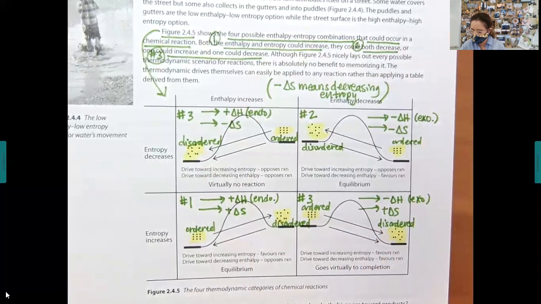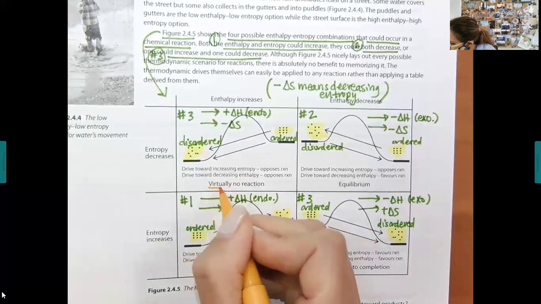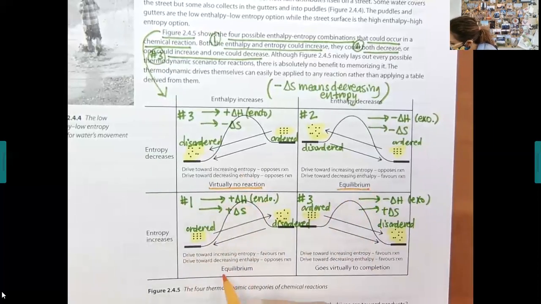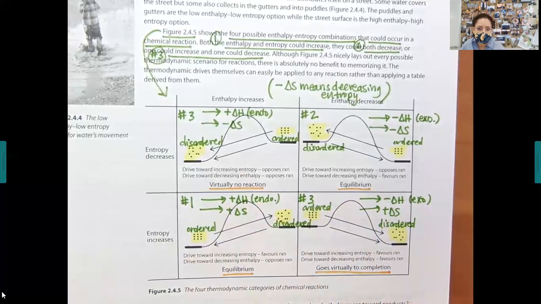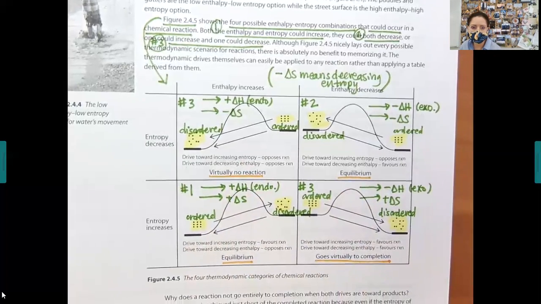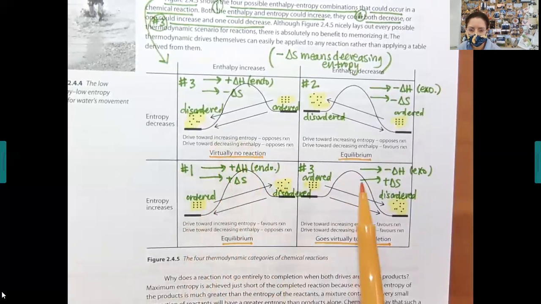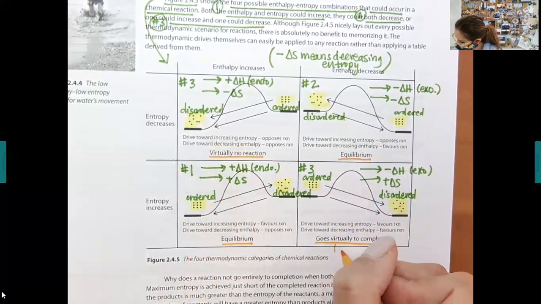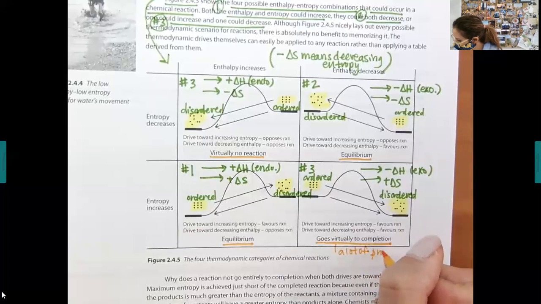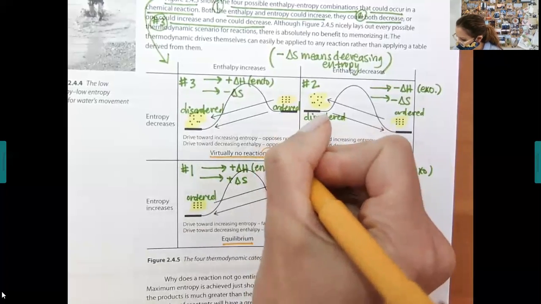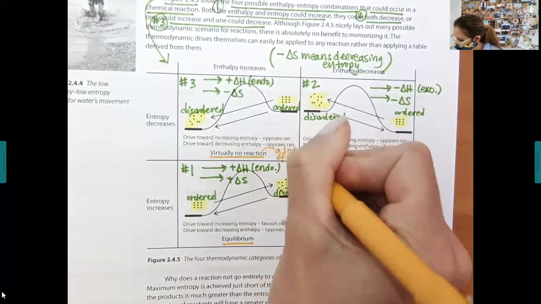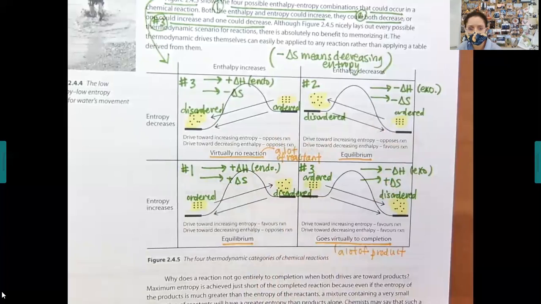Okay, now, based upon those situations, these are the descriptions of what you have, okay? So virtually no reaction will occur under this scenario here. This reaction goes to completion, what that means is you're pretty much going to have a lot of product. And this over here means you're going to have a lot of reactant, okay?